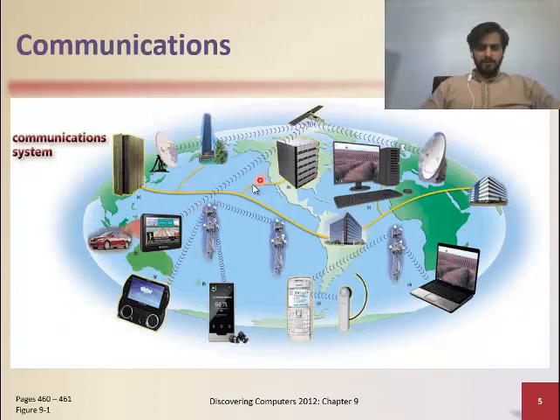For example, we have a mobile phone here, and this mobile phone is communicating with one of our nearest towers by using a radio frequency signal. So the radio frequency or RF signaling is our communication link between this mobile and the nearest tower. And similarly, you see a satellite here.